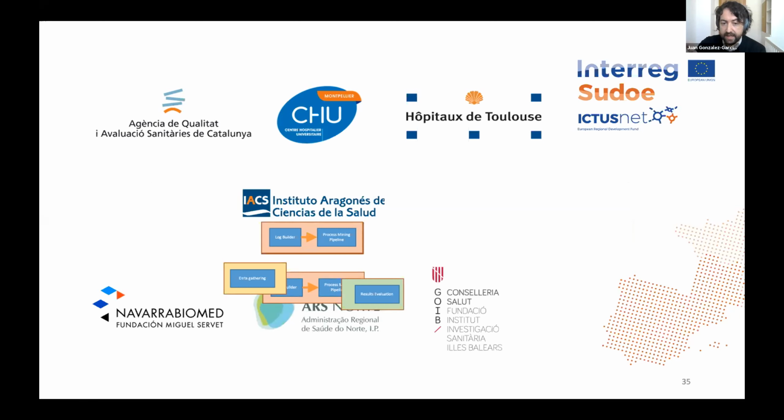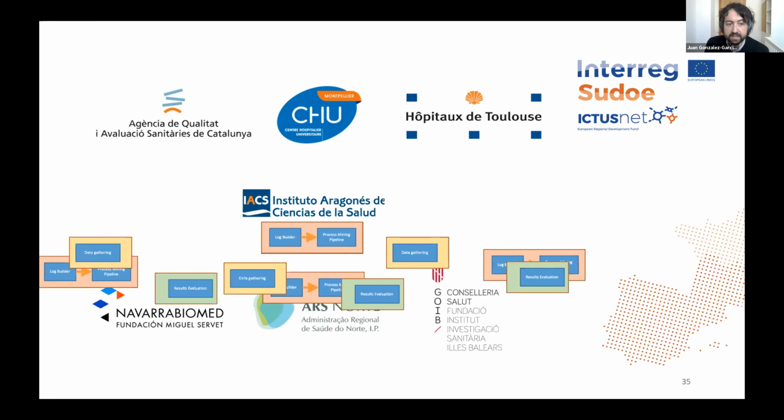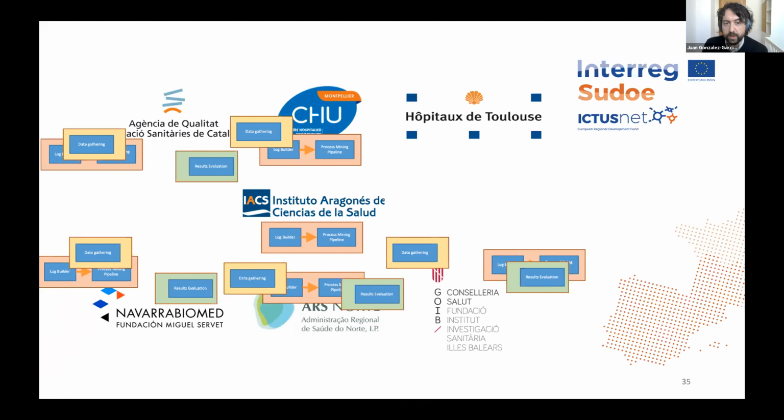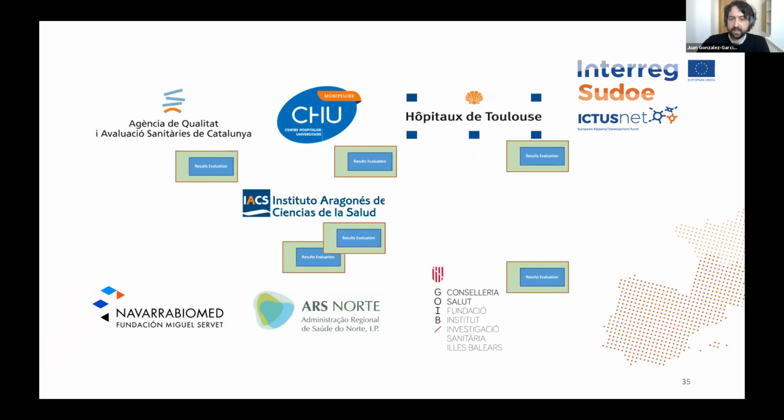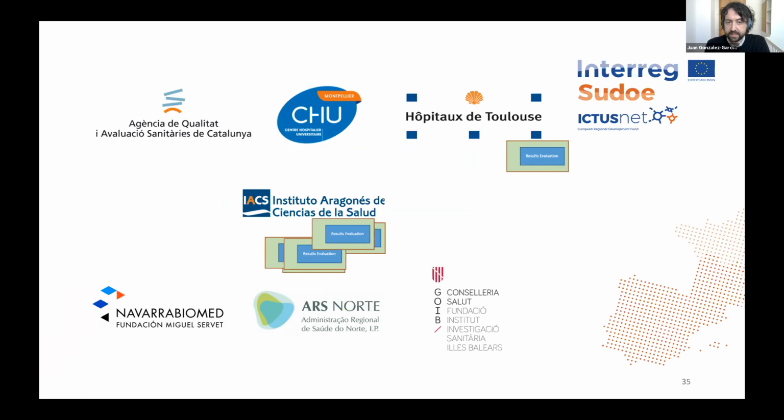Every single partner in the federation extracts their data and produces their own results, and so on in the different partners. Then the partners send these results to us, and we compare the overall results and provide this benchmark report.